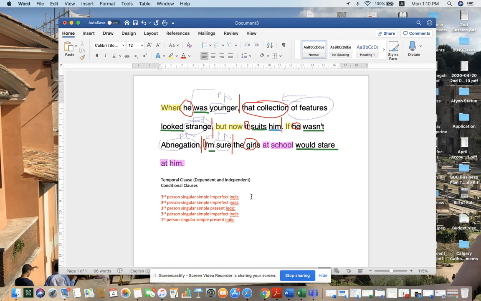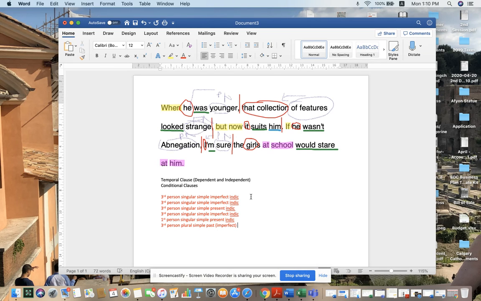And last but not least, we have third person plural because it's girls. All right, and it is simple, but it's past, in this case, call it imperfect.